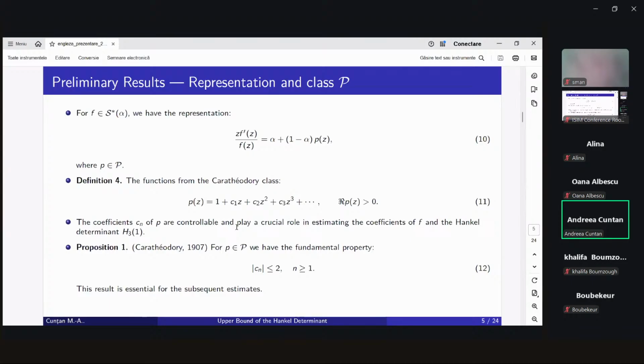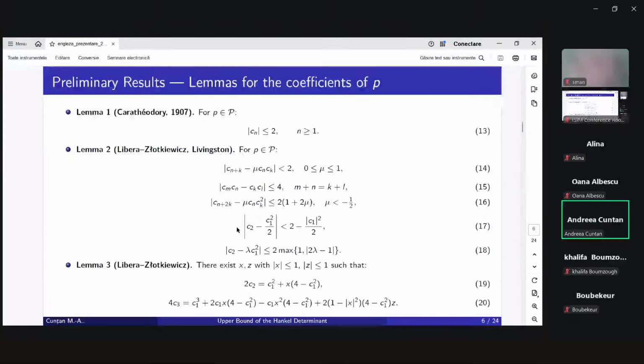Proposition 1, Carathéodory: for p belonging to class P, we have the fundamental property in the next relation. This result is essential for the subsequent estimation.